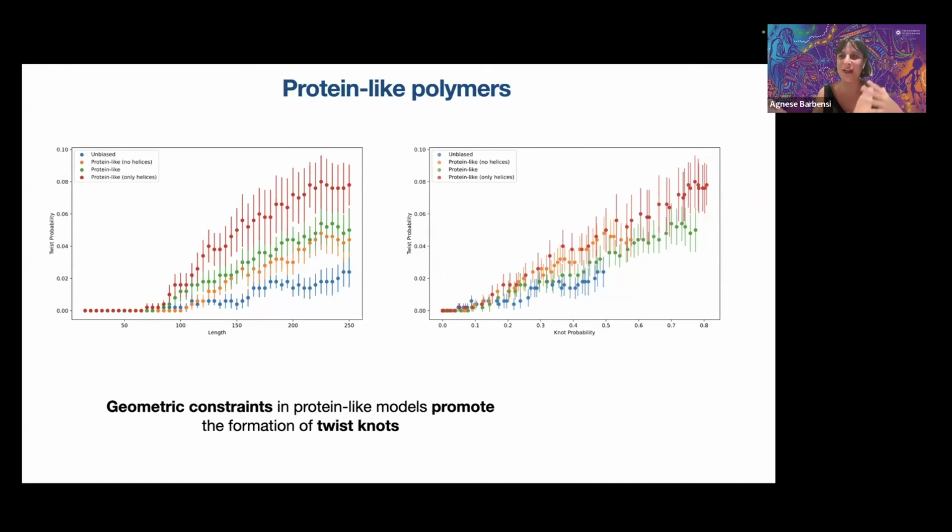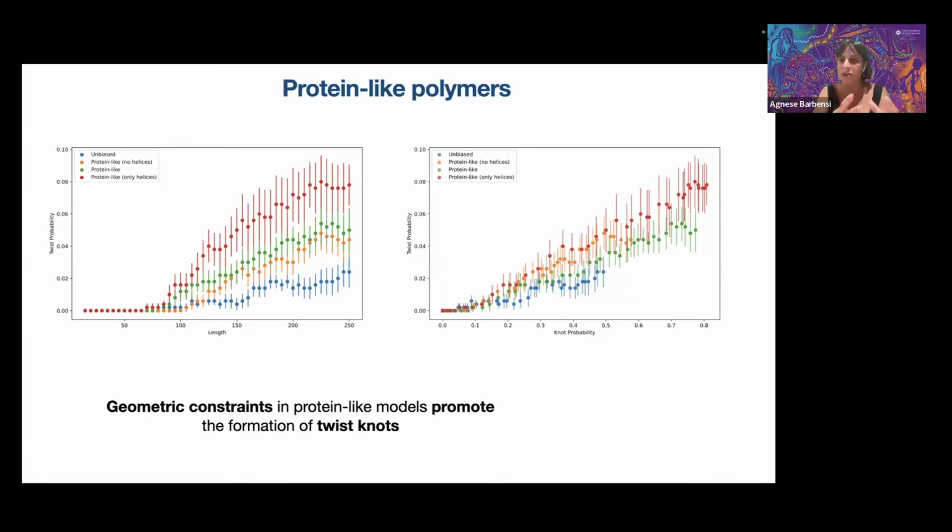And the same behavior can also be observed if you forget about the topological steering, if you just grow these models in a random way only by picking different angle distributions. But the probability that such a grown chain becomes knotted is much, much lower. So it's much more difficult to observe and show that this increase in the presence of twist knots is statistically significant.